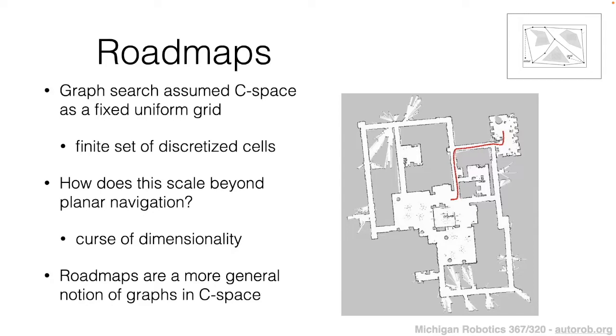The big difference is that roadmaps don't have that requirement of being represented as a fixed uniform grid over configuration space. Instead, they can take on much sparser graph forms.